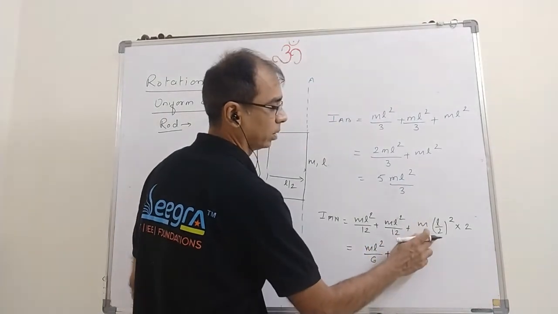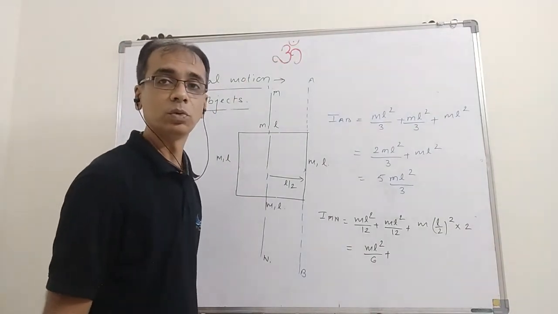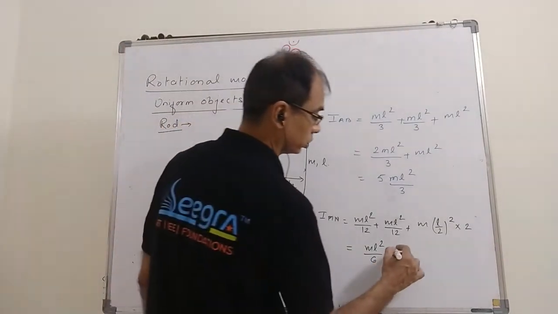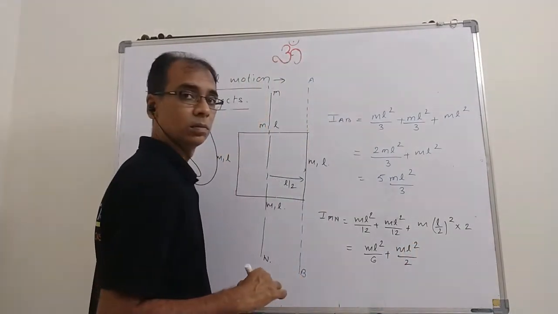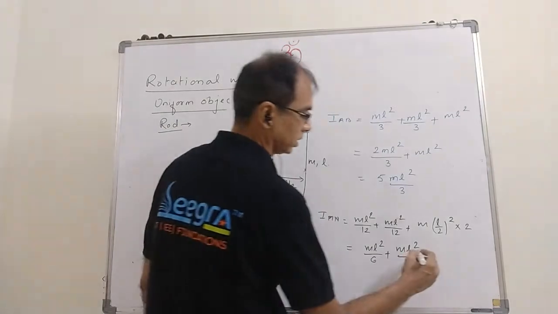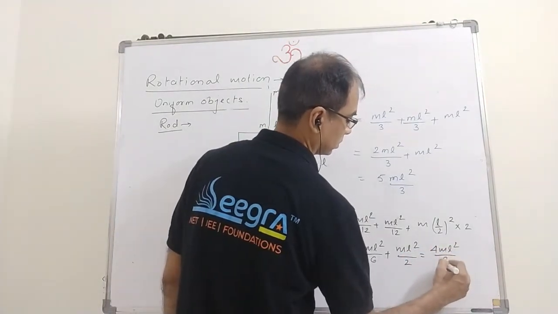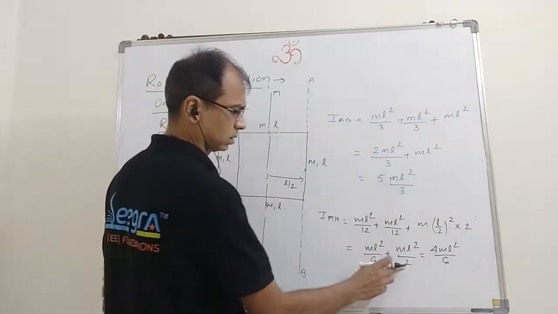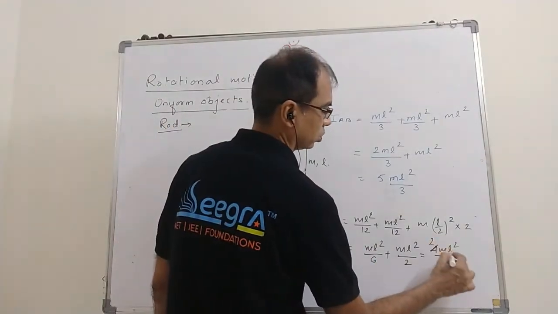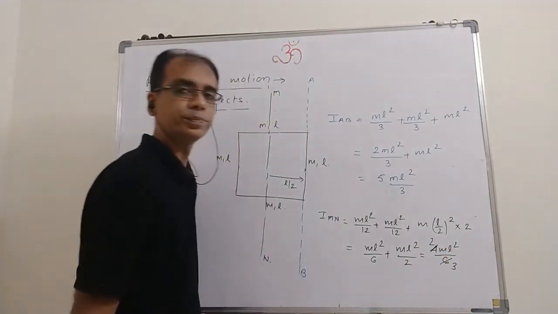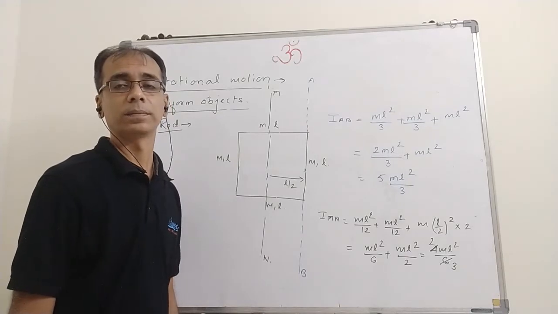Here ml square by 4 into 2, that means ml square by 2. What are we getting then? 4ml square by 6. Is it correct? Yeah. So our answer is 2 by 3 ml square.